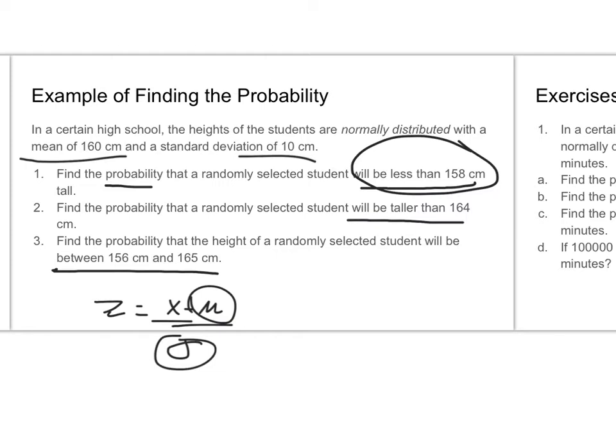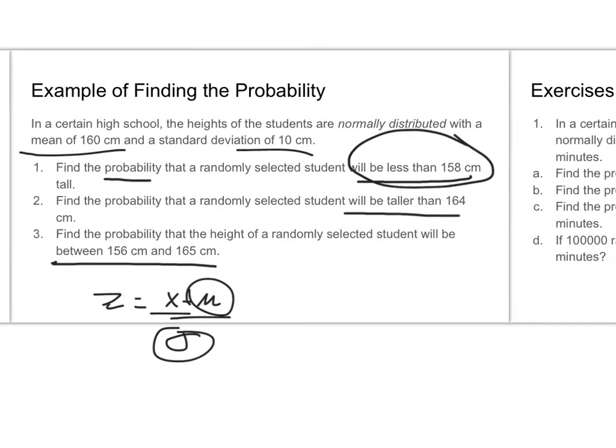You no longer say to the right, but you say taller or greater than a specific number, in this case 164. And then you no longer say finding the area, but you want to find the probability in between two values. Okay, so let's answer number 1.